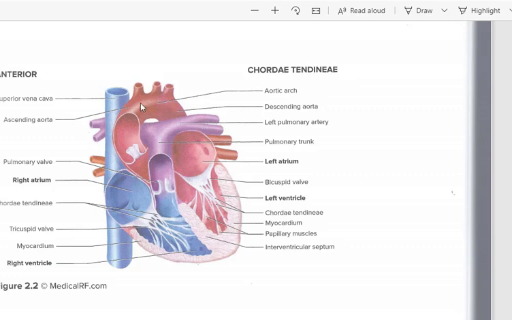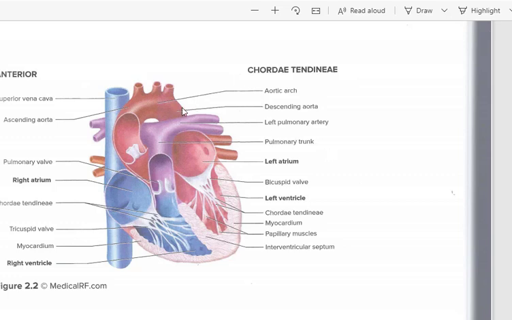Now, interestingly enough, not everybody's plumbed the same way. But most people are plumbed this way so that you have branchings off of the aortic arch. Here's the aortic arch. And they go up to the brain and then branch off and come down.